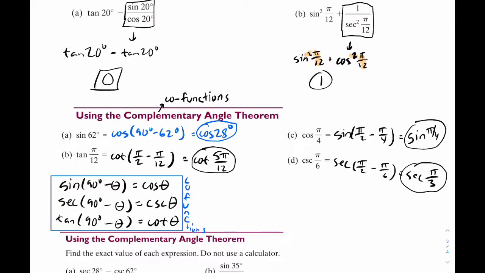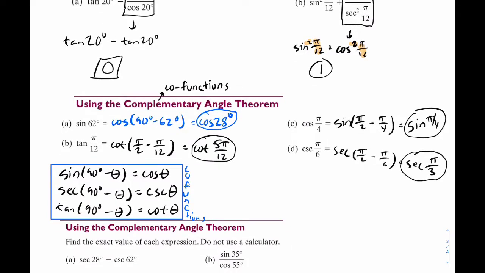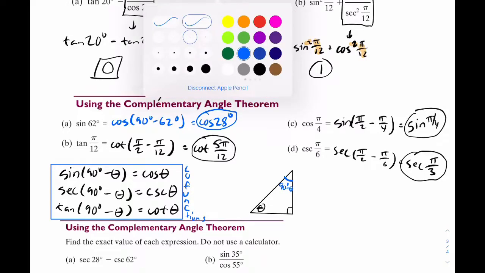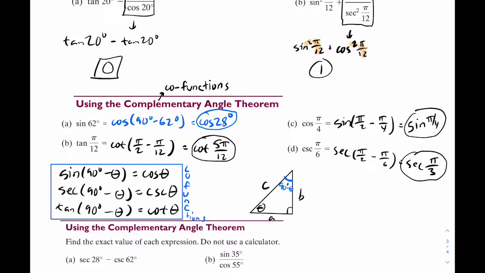Now to prove this, again, this is a very helpful theorem, but it's obviously easy to use, but we need to understand where it's coming from. So really simply, let's draw your triangle here. You'll see this a lot in SAT math. All you have to know is that if this is theta, 90 minus theta is just the other angle in the triangle. This is 90 minus theta, this piece right here. So if this is A, B, and C, notice how if I have my stick figure right there, sine theta is B over C, or opposite over hypotenuse.